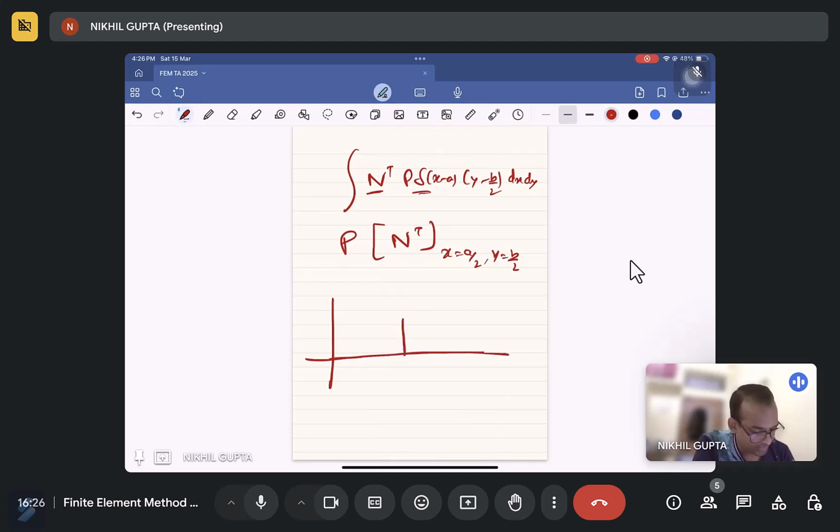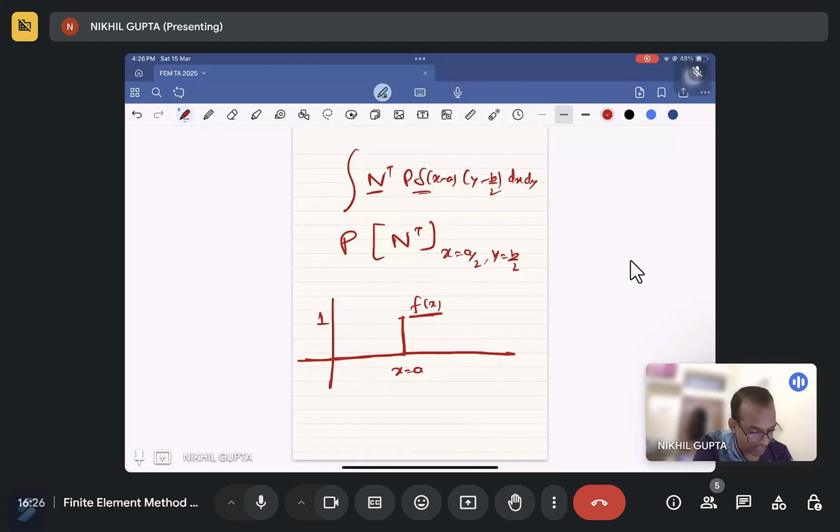Let's say you have taken a function, and you are saying that x is equal to a, it is going at this. Let's integrate this function. So what integration is it getting? 0, 0, 0, 0, 0, and at this point it is getting 1, and the rest is all 0.